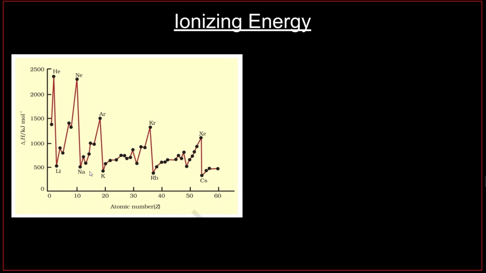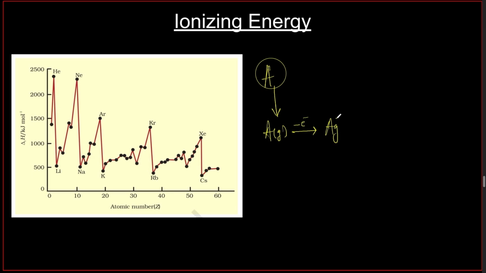Your next topic is ionizing energy. What is ionizing energy? Suppose there is an element. You first convert it into gas, and after that you extract one electron from it.